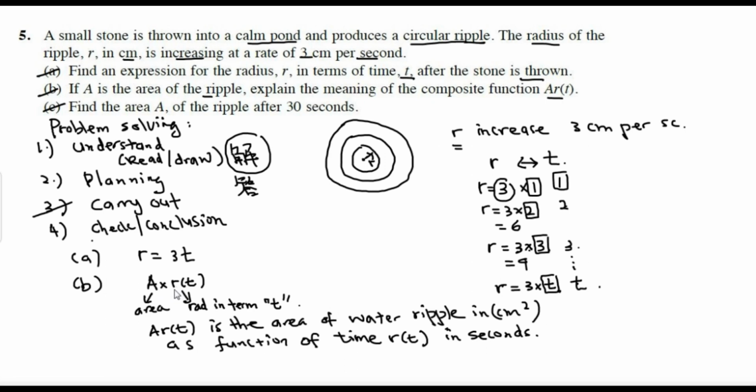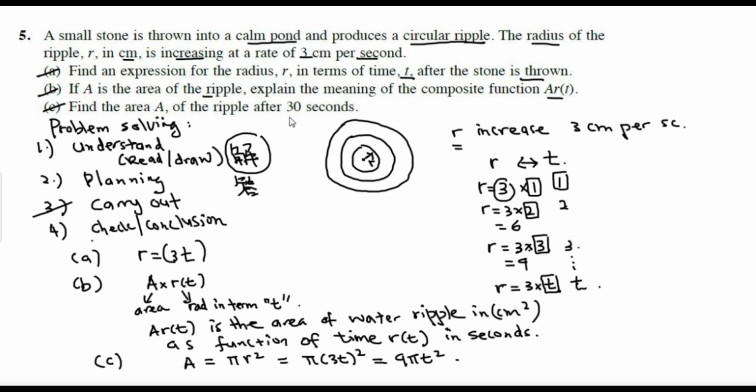Okay. So C, find the area of the ripple after 30 seconds. To answer C, first you need to know the formula for the area of a circle. Area of a circle is equal to pi r squared. So what is r? r is 3t. So it's pi times 3t squared, which is equal to 9 pi t squared.